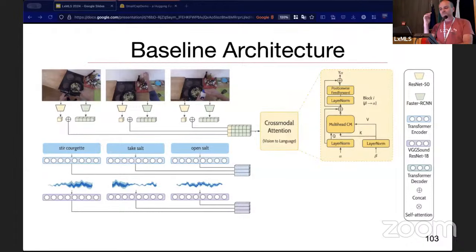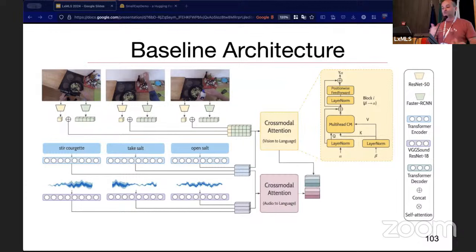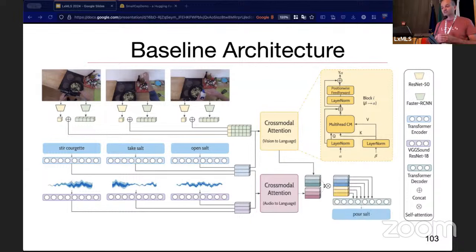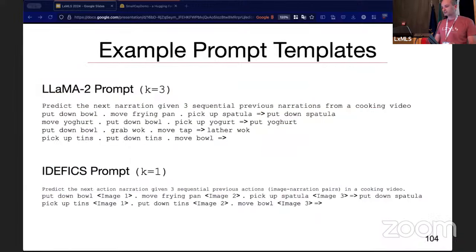And then we have a cross-modal attention block where the visual features attend into the language features, or if you're doing audio processing, you might do audio to language cross-attention in exactly the same way, giving you a set of multimodal representations, which are the input to a randomly initialized transformer decoder, which is going to be trained to predict these distributions over the noun-verb compositions.